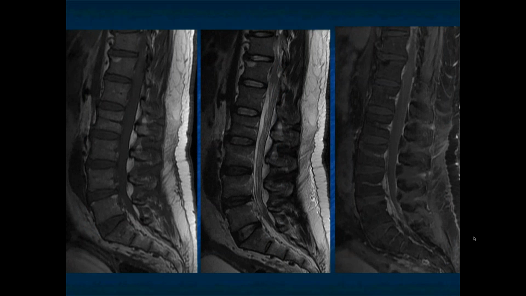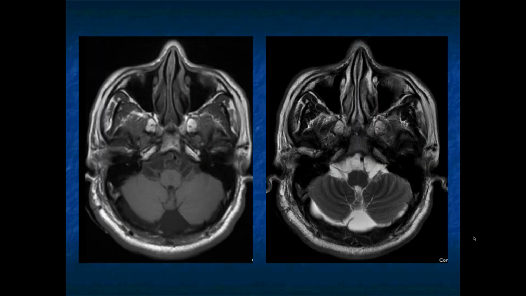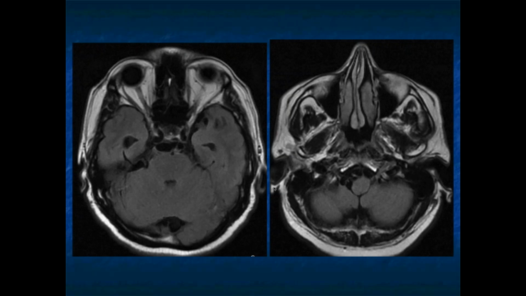So okay, the T2, there's a T1 non-contrast. So yeah, there's a cystic structure at the cerebellopontine angle.